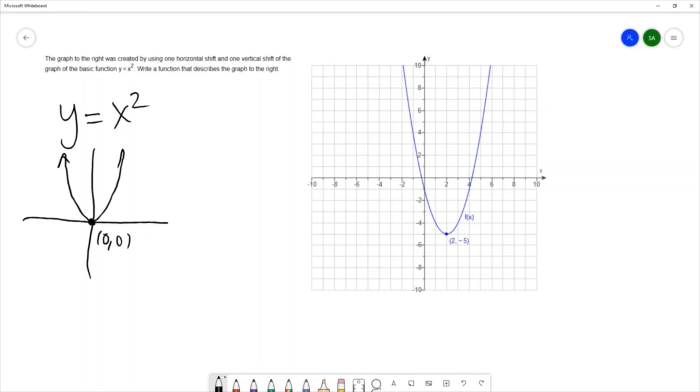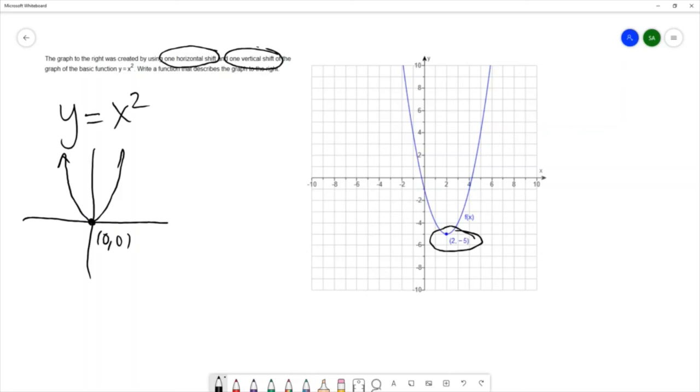We can see that the vertex of this parabola is not at 0, 0, and by looking at that vertex, we can figure out where we've shifted this graph to. If I can figure out the horizontal and vertical shifts, I'll know what the equation is.